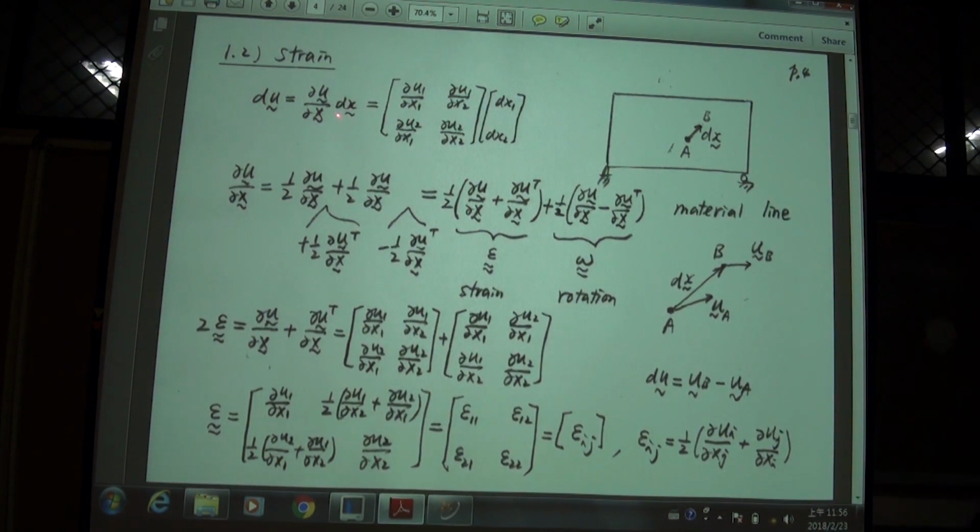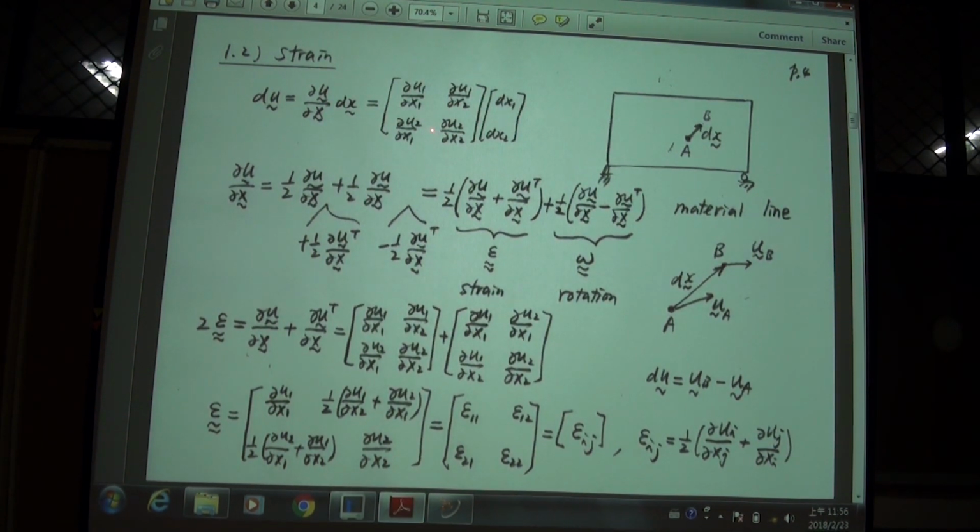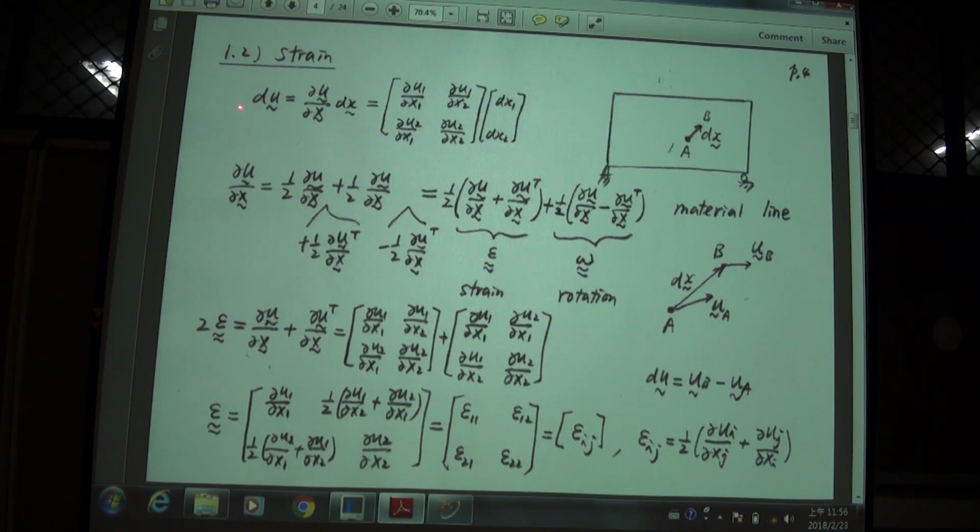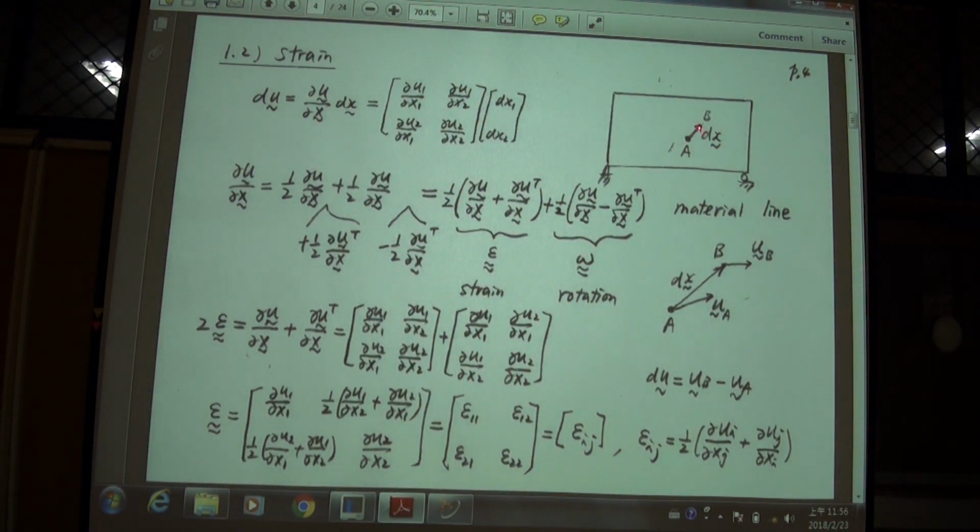We have dx, and then we multiply it by the displacement gradient, and then we get du. Okay, understand? For example, we have a material line here. It is in an inclined direction. So we have a horizontal component and a vertical component.